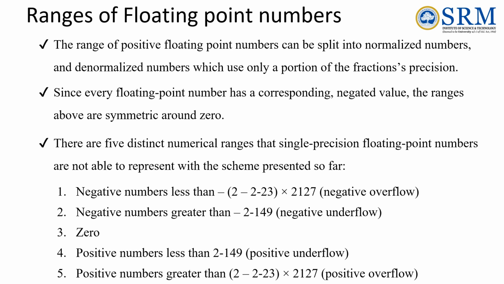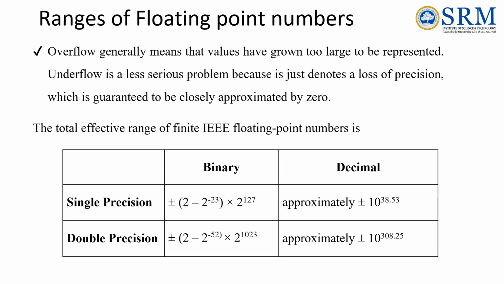The range of floating point numbers: negative numbers less than minus (2 minus 2 to the power minus 23) times 2 to the power 127 is negative overflow, negative numbers greater than minus 2 to the power minus 149 is negative underflow, and 0. Positive numbers less than 2 to the power minus 149 is positive underflow, and positive numbers greater than (2 minus 2 to the power minus 23) times 2 to the power 127 is positive overflow.